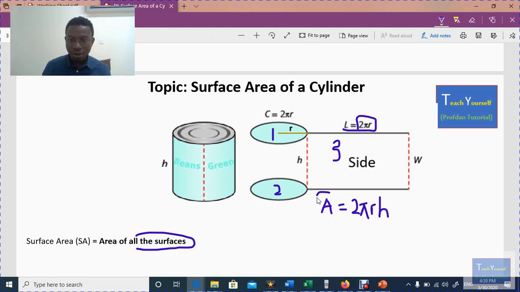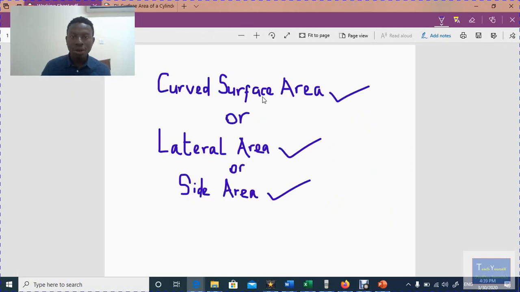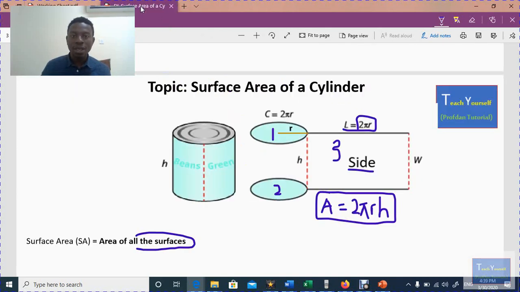So this is the formula for finding the lateral area or the side area or the curved surface area of the cylinder. Take note of that. Okay, having known this, then you need to find the remaining two surfaces, which are circular, surface 1 and surface 2.